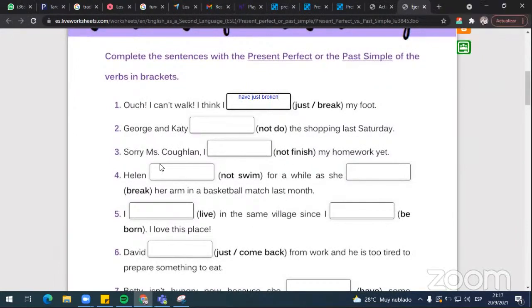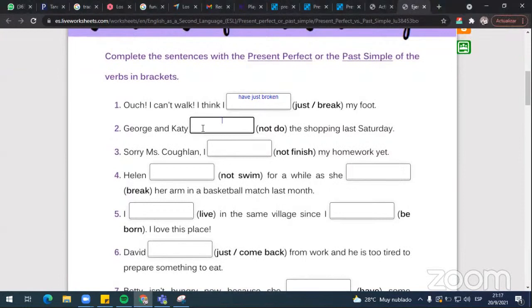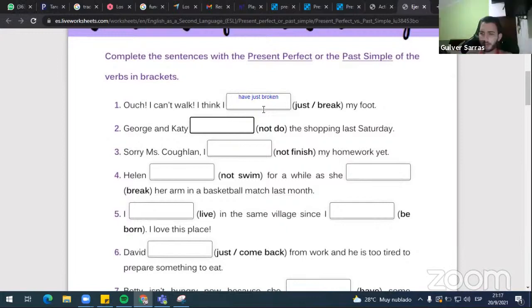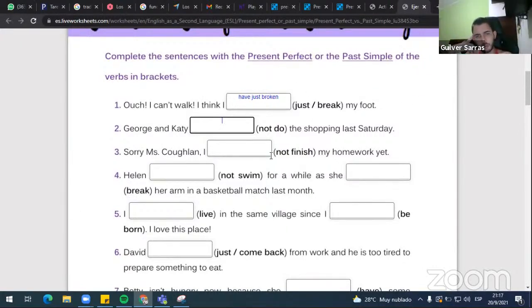All right, number 2. Gilbert, what do you think? George and Kathy is past, simple past. Okay. Entonces, what do we do? It's negative, ¿no? Were. Estamos utilizando el auxiliar do en el pasado, didn't. ¿Cómo sería?